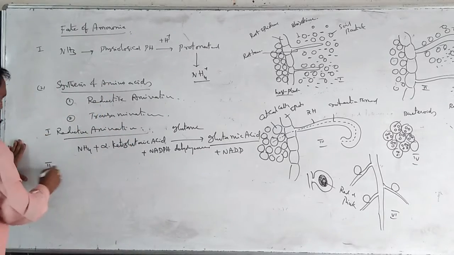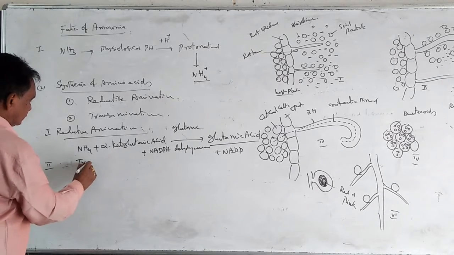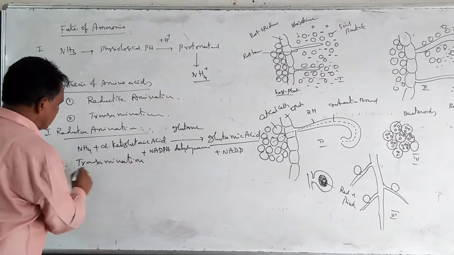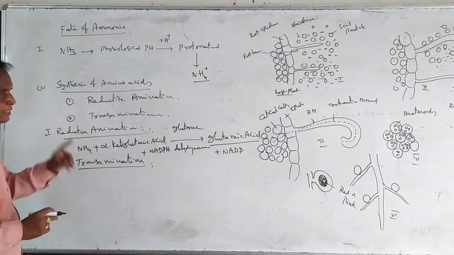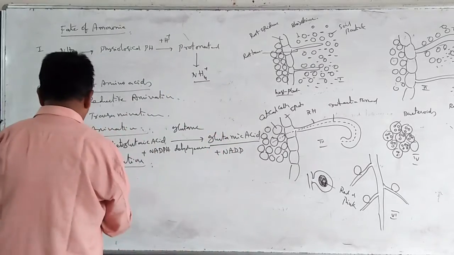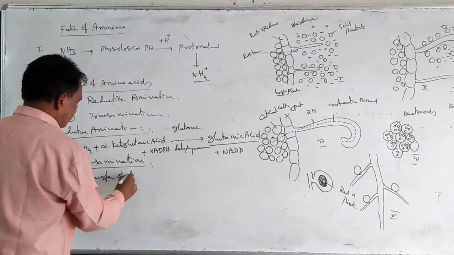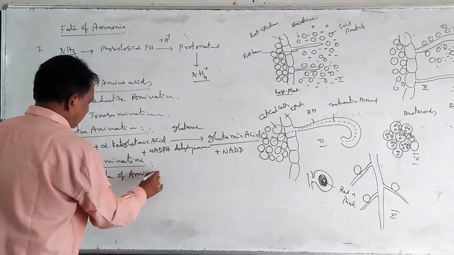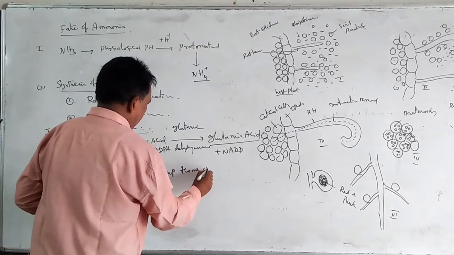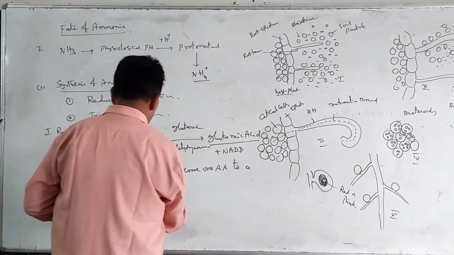In the second step, it is called transamination. Transamination means transfer of an amino group from one amino acid to a keto acid.